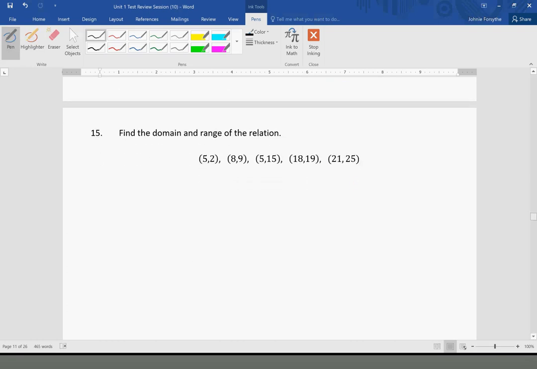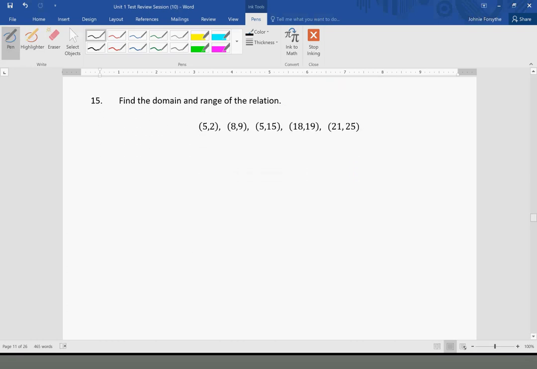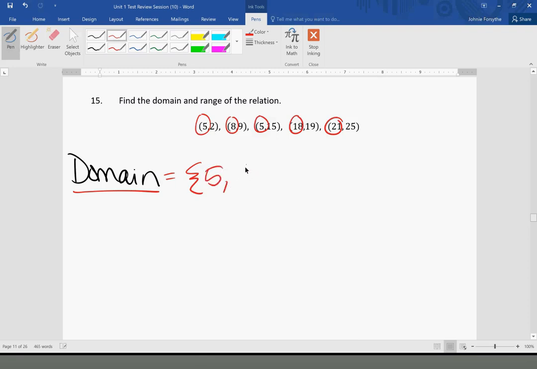Number 15, find the domain and range of the relation. So the domain is basically all of your x values. In this case, we've got 5, 8, 5, 18, and 21. There's no need to write numbers more than once, so we have 5, 8, 18, and 21.